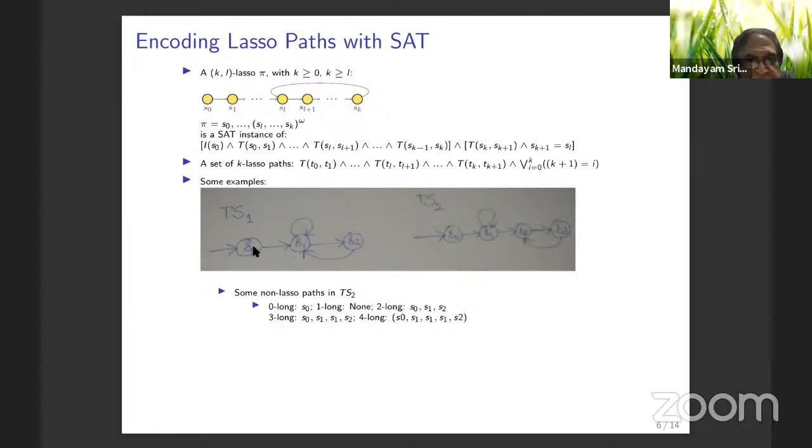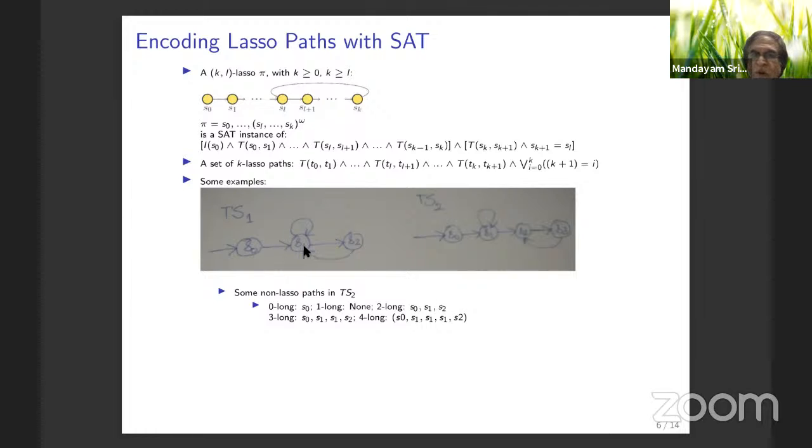So one long, there is a lassoing path, correct? Because from S0 to S1, this is wrong. So I should have said yes, because it is lassoing to itself. There is a one long lassoing path as well. A 2 long lassoing path is S0, S1, S2, because S2 goes back to S1.